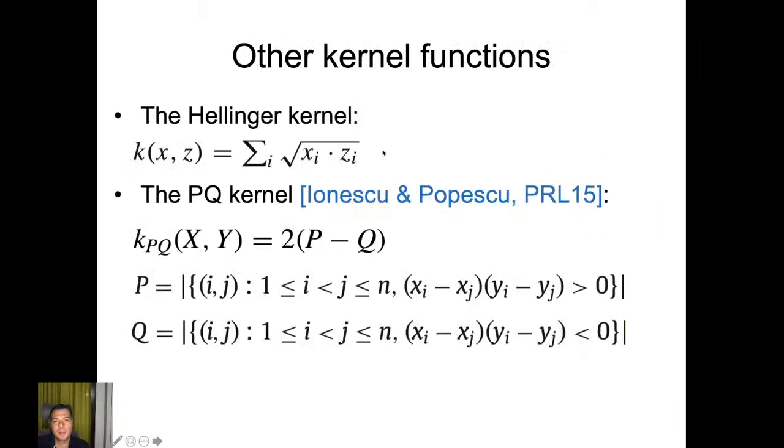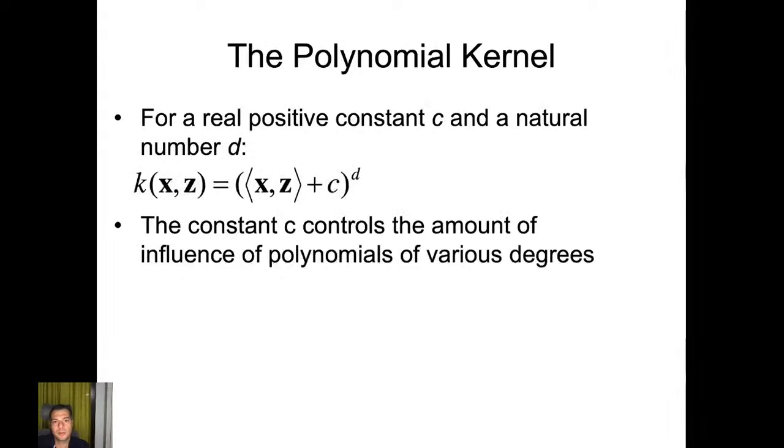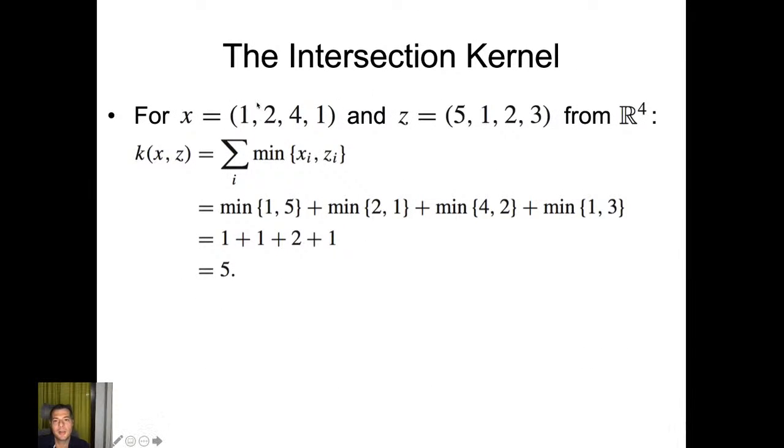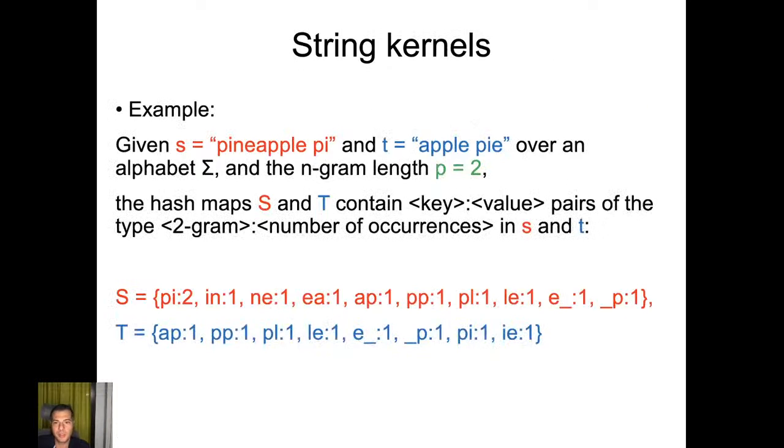This kernel can also be adapted to strings, so we can compute the minimum. For example, if the n-gram pi appears twice here and once there, we add the minimum of these 2. Or we can also use the scalar product, so we compute the product between the number of occurrences of pi in S and pi in T and so on.